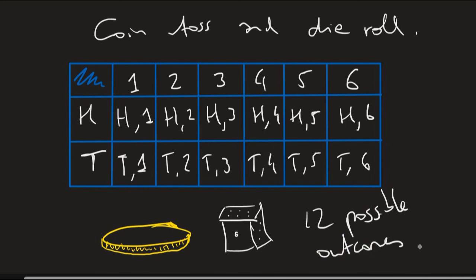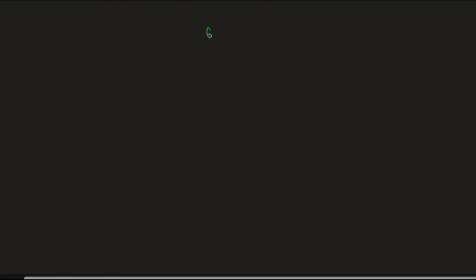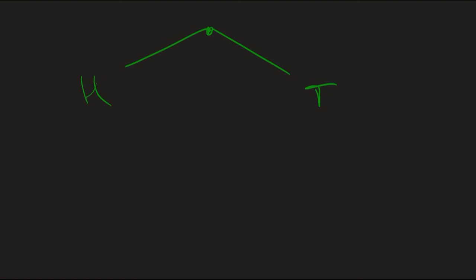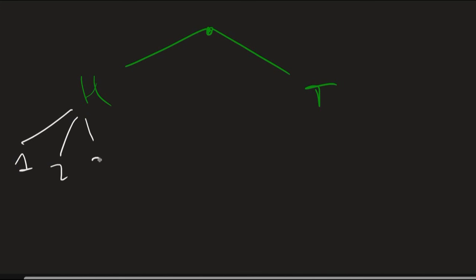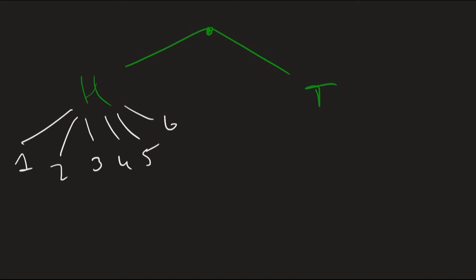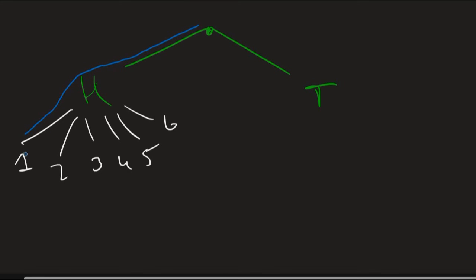And it'll be interesting to see this on a tree diagram as a visual aid. So here we are at the start, the coin isn't flipped, and then it goes either heads or tails. And then we're into the dice roll. There are 6 outcomes of a dice roll. It can be either 1, 2, 3, 4, 5 or 6. And then each branch, as we had seen before, leads to an individual outcome. So heads and then 1 is a possible outcome, or heads and 2, heads and 3, 4, 5, 6.